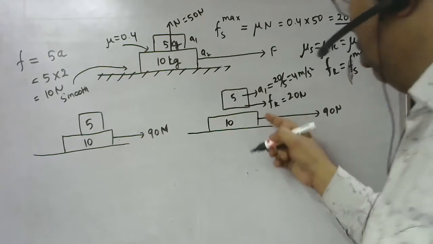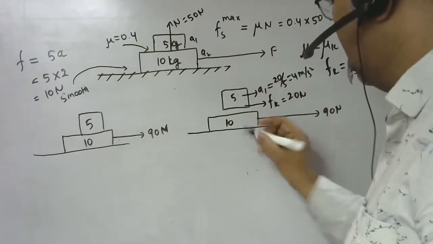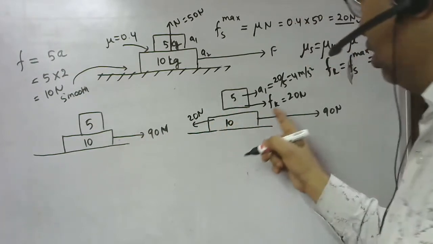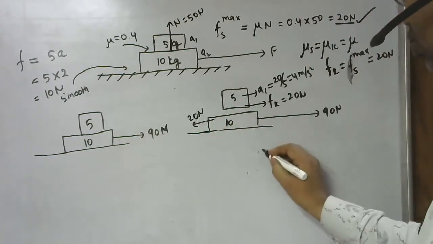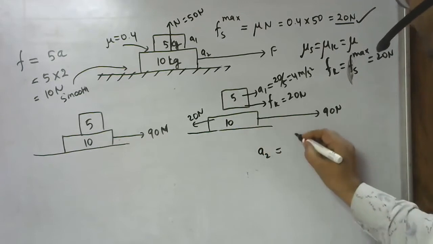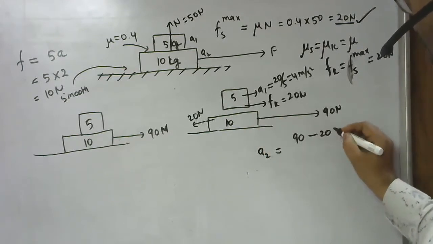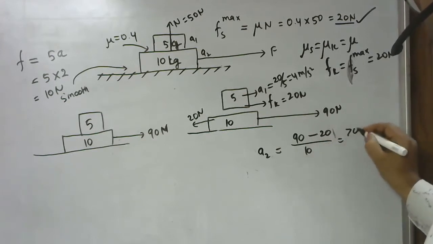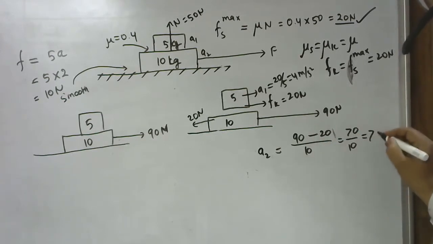Now according to Newton's third law, there is a reaction force of 20 Newton friction in the opposite direction on the 10 kg. So the acceleration of 10 kg will be 90 Newton minus 20 Newton upon its mass. So 70 by 10, 7 meter per second square.